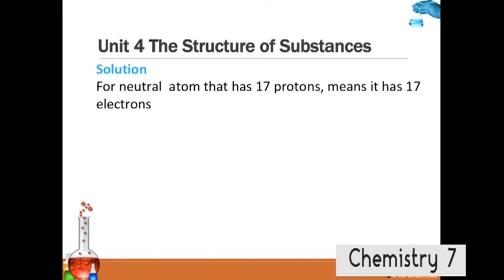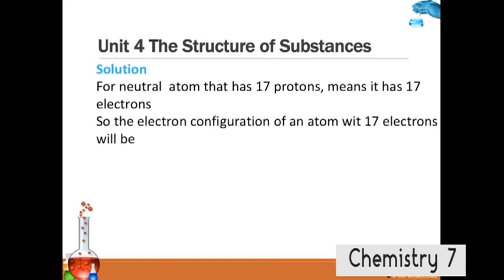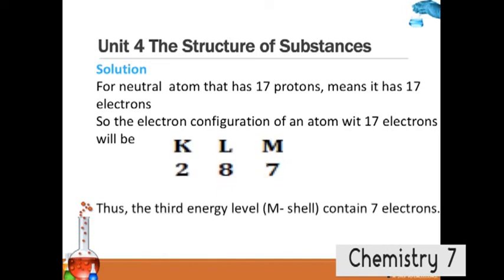For a neutral atom that has 17 protons, that means it has 17 electrons. So the electron configuration of an atom with 17 electrons will be 2, 8, and 7. That means the third energy level, or the M shell, contains 7 electrons. The answer is D.